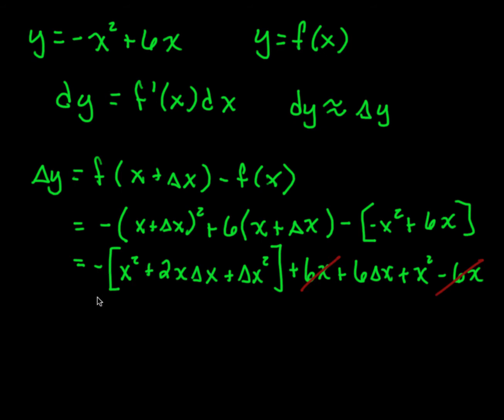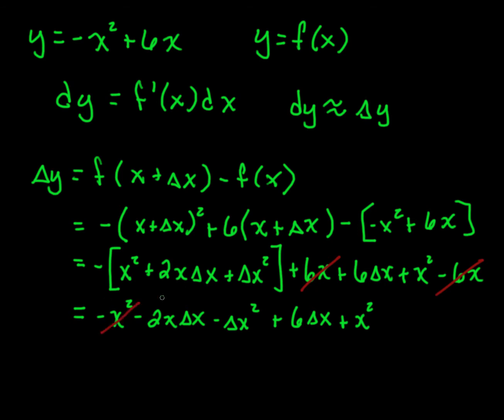All right, distributing this negative through, we get that this is equal to negative x squared minus 2x delta x minus delta x squared. What's left over here is a plus 6 delta x plus x squared. And again, everything without delta x's should cancel.